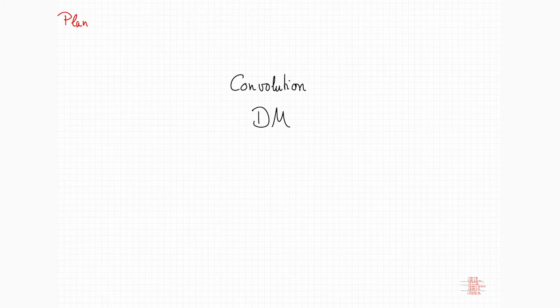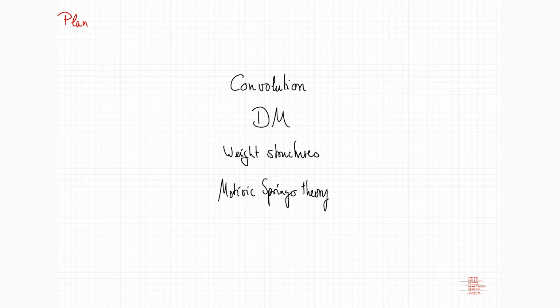Then I want to talk about DM, and then I want to introduce some kind of tool from homological algebra called weight structures, which is kind of dual to t-structures, and it's not so well known in representation theory. Some motivic people know it because they work with the weights of motives, but I want to argue that it's actually a very fun and good tool to work with, very similarly to t-structures. And then for the rest of my talk, I go into some results where I put all of this stuff together in the context of Springer theory.